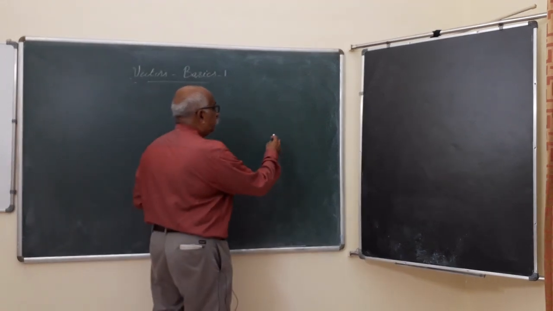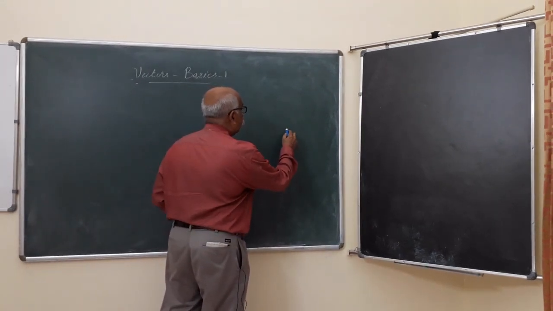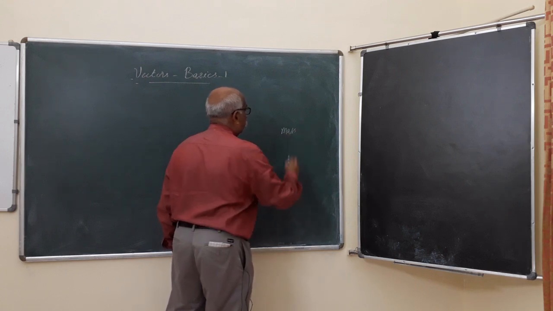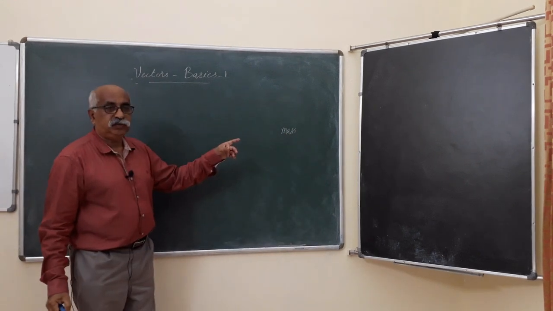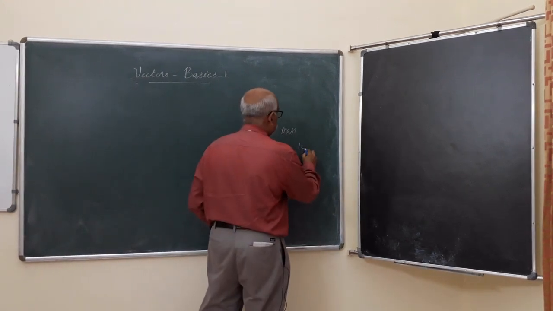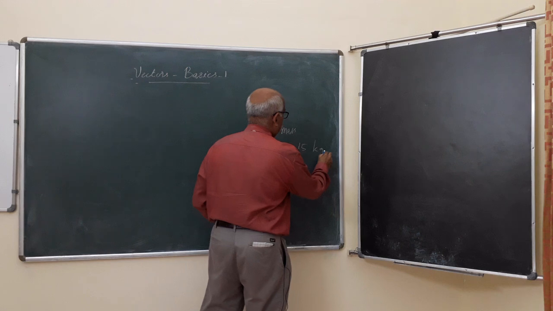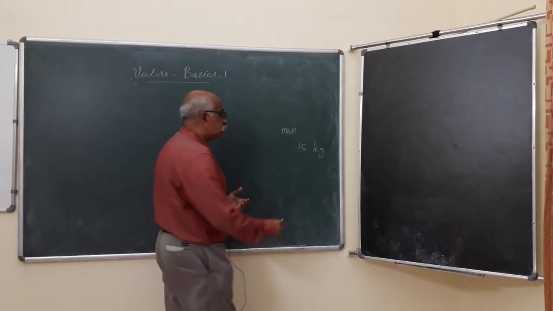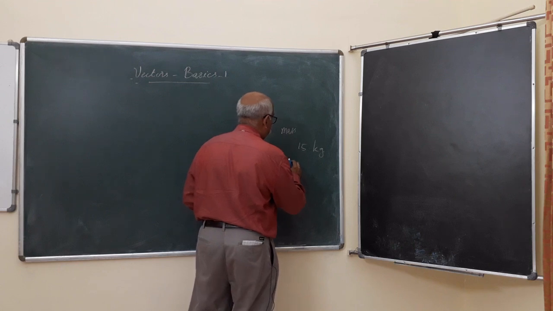See, for example, a quantity, say mass, is specified with a number along with a unit, say 15 kilograms. Likewise, density is mass per unit volume, mass by volume.